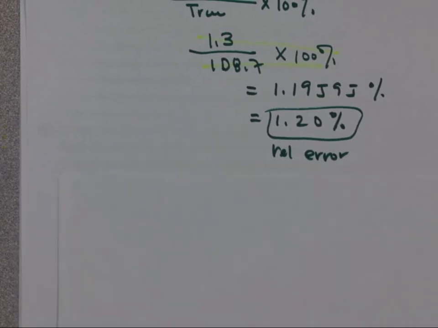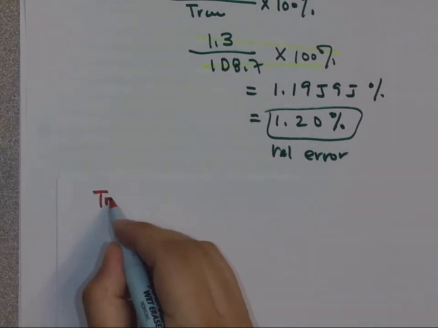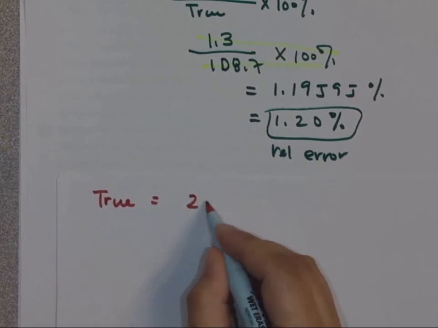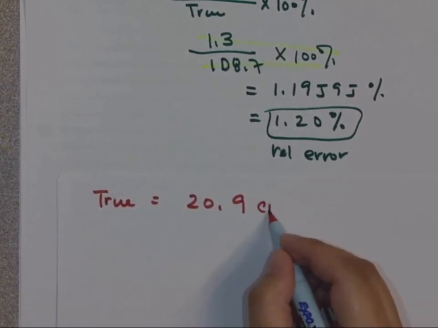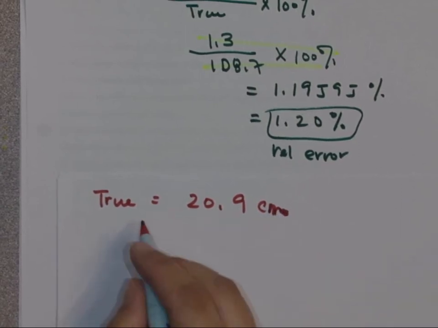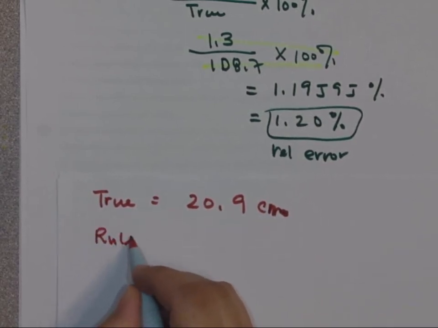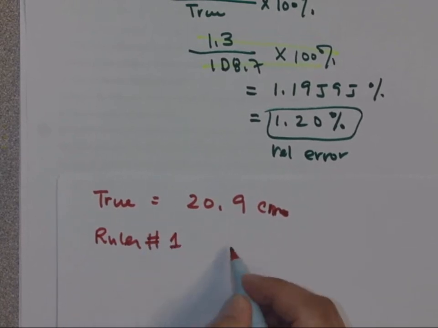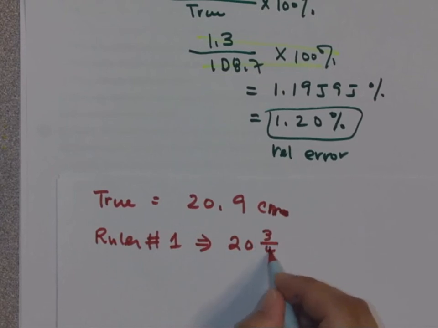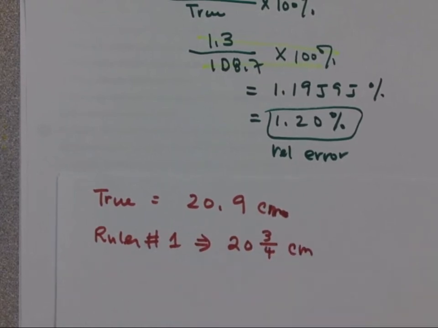So let's try one. Say the true measurement is 20.9 centimeters. Then ruler number 1, I'm just making this up, measures it to be 20 3/4 of a centimeter. By the way, ruler number 1 only measures to the closest quarter. What does that mean?